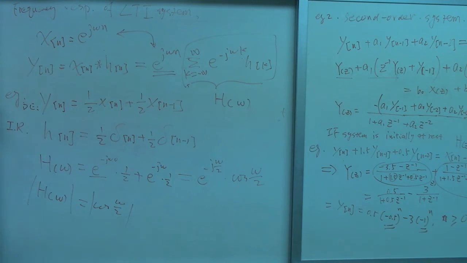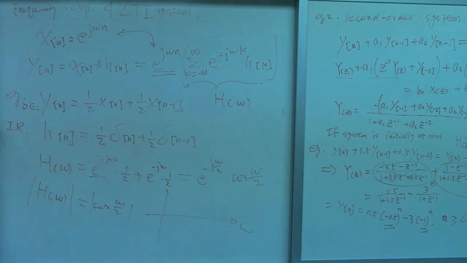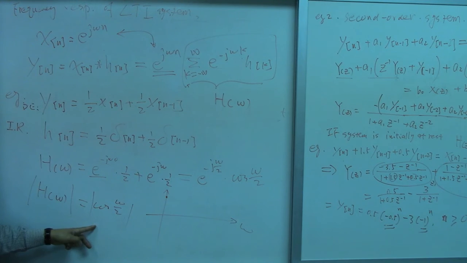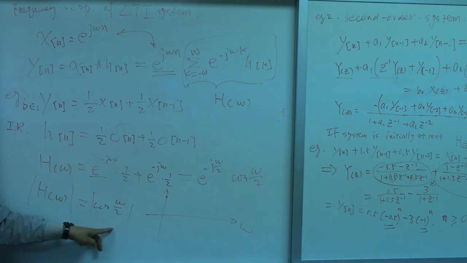Now let's draw this. We draw the picture here. Omega equals this. When frequency equals 0, what is the value? Trigonometry. When frequency equals 0, what is this? 1, right? Equals 1. This looks like a cosine function, right? Okay. When omega equals pi, which equals 180 degrees, what is that? 0?